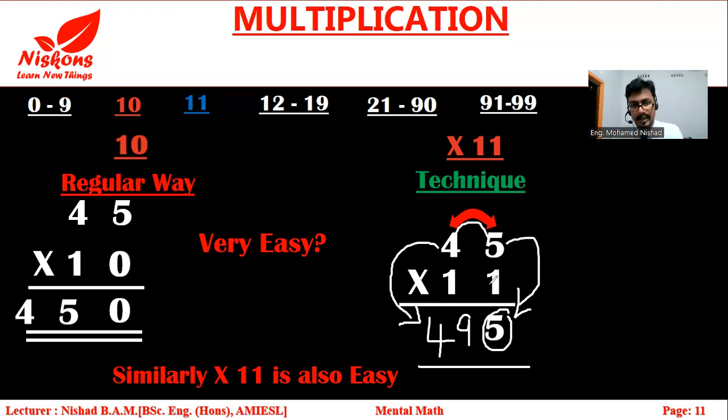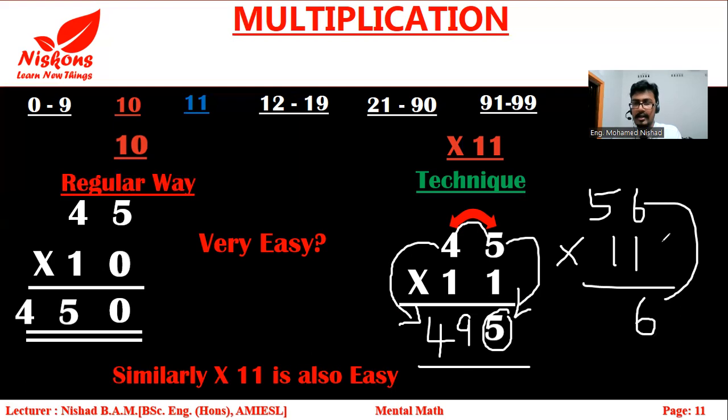Very simple, right? As another example, 56 times 11. What will be the answer? We write that 6 over here. Then we add 6 plus 5, that will be 11. We cannot write 11 over here.